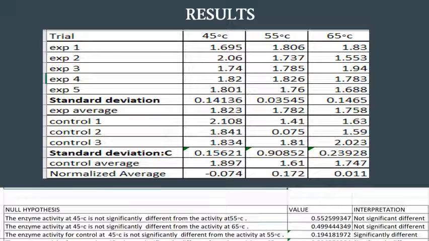We also found the control average for 45 degrees was 1.897, for 55 it was 1.61, and for 65 it was 1.747.